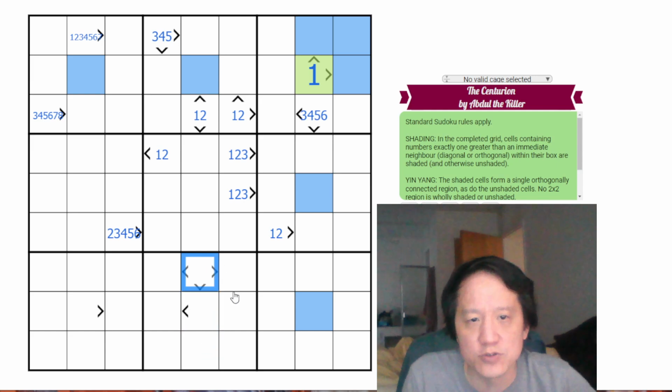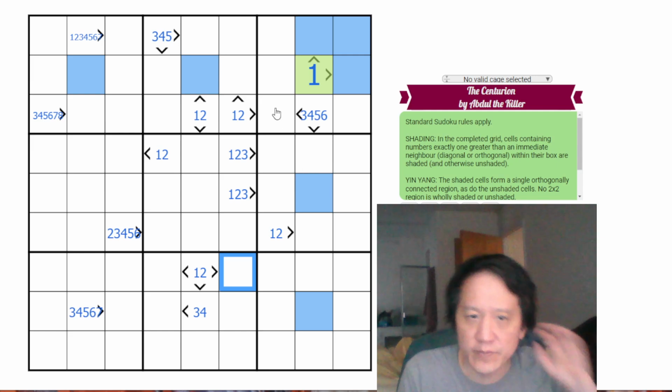This sees at most 2, so it's 1 or 2. This sees at most 4, so this is 3 or 4. This sees at most 7, so this is 3, 4, 5, 6, 7.